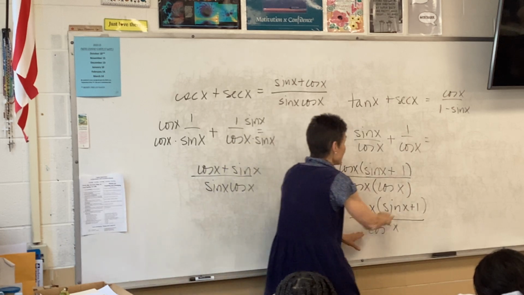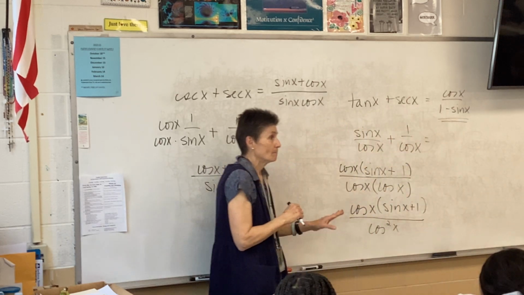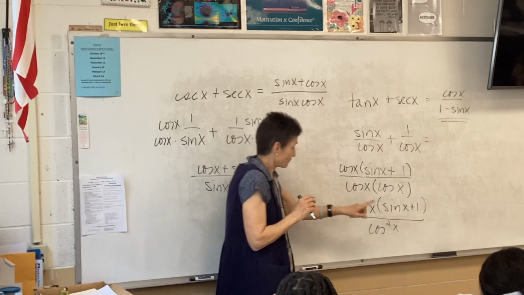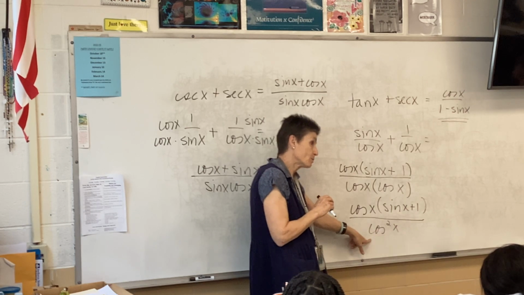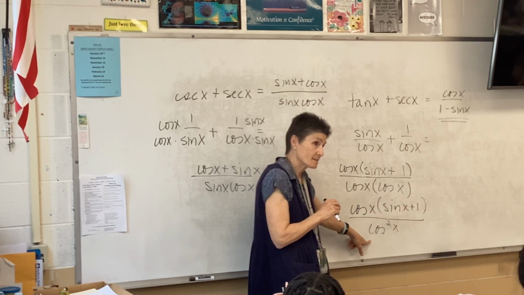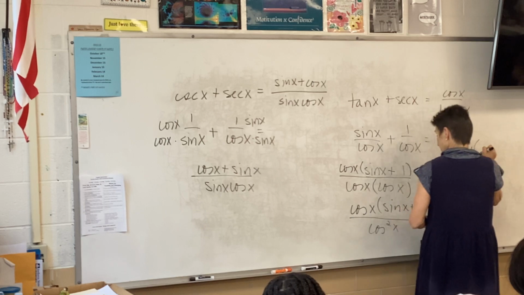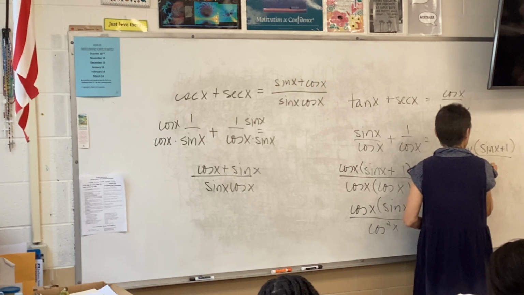Now, keeping an eye on what's on the bottom of my answer, the bottom of my answer has sines. This is cosine squared. What do I know about cosine squared? 1 minus sine squared. Yeah. So now I have cosine, sine plus 1, over 1 minus sine squared.